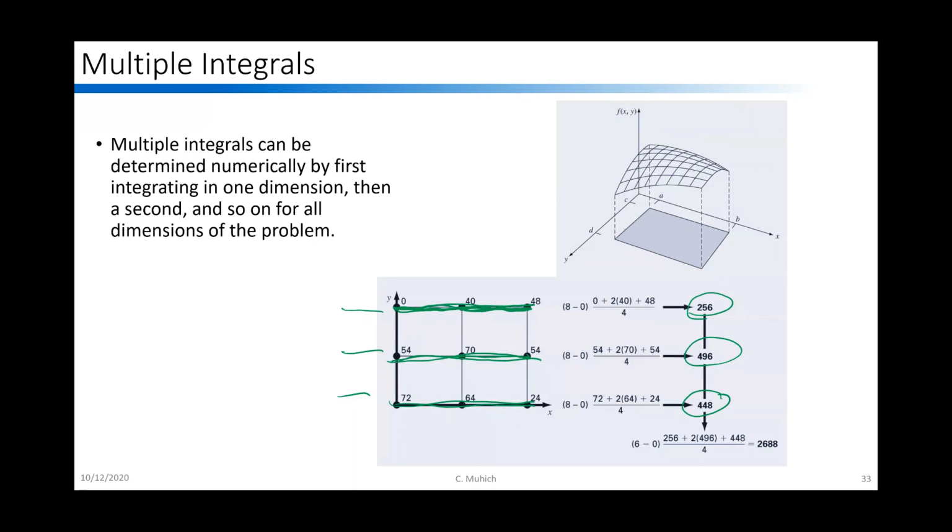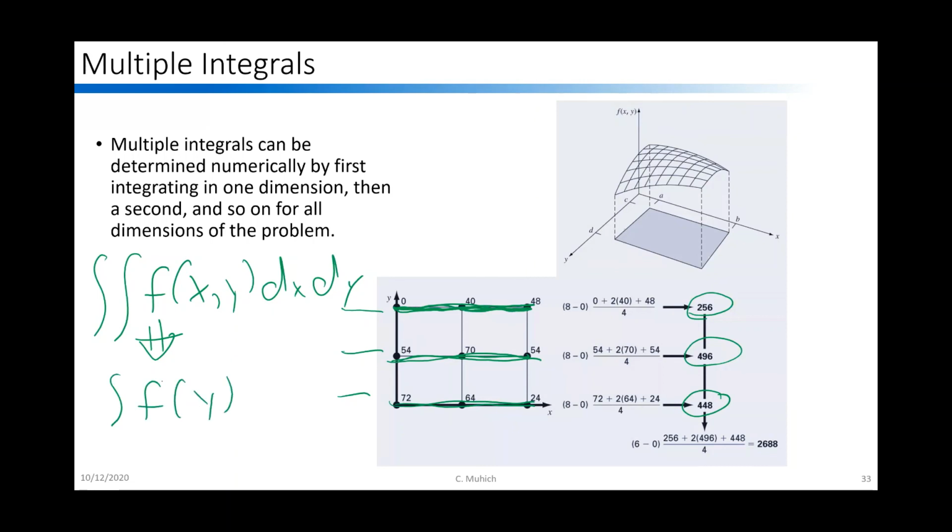484. So in essence, if I'm thinking about it this way, where I have the integral of f of x, y, dx, dy, I first solve for the x integral, which then gives me f of maybe f prime y dy. So I've solved that out now. And now I can do, say, Simpson's 1/3 rule in the y direction.